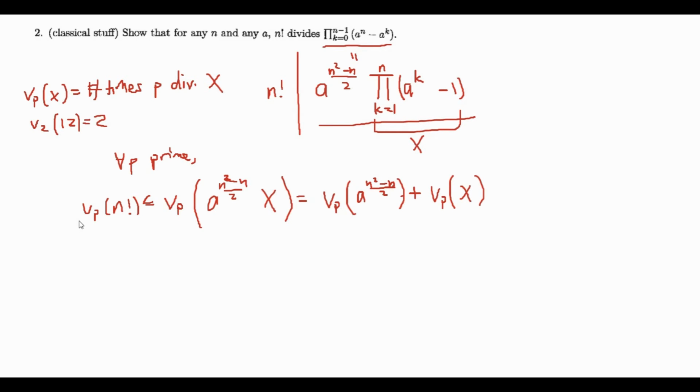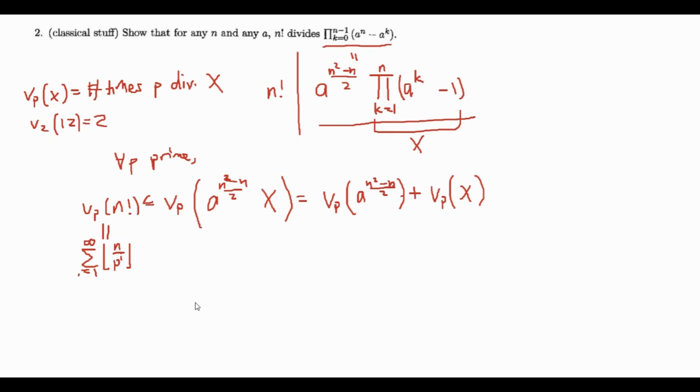This can be simplified by something called Legendre's formula. I'm not sure if I pronounced that right. And Legendre's formula states that this thing is simply equal to the sum from i equals 1 to infinity of the floor of n over p to the power of i.